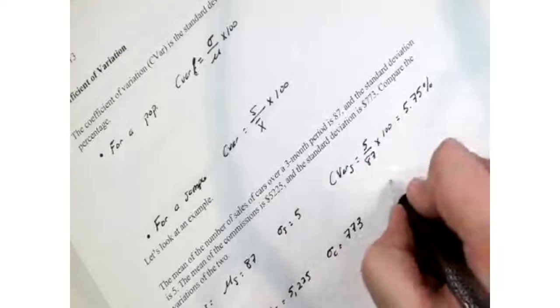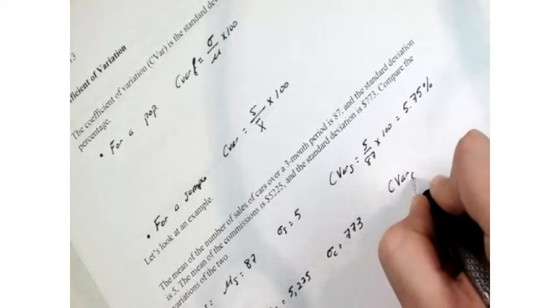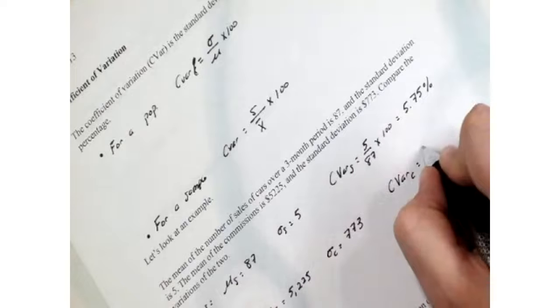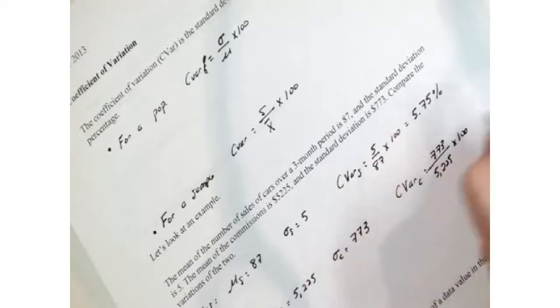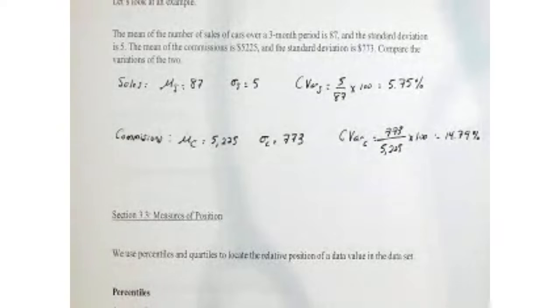So the coefficient of variation for commission is 773 divided by 5,225 times 100. And that ends up being 14.79%. Did everyone get those? Or does everyone see how I got those? Cool.